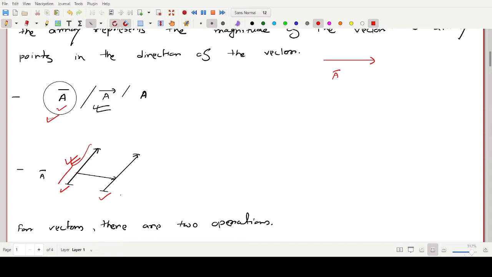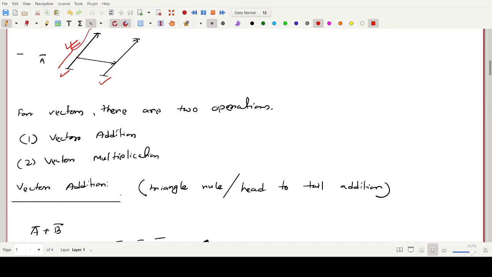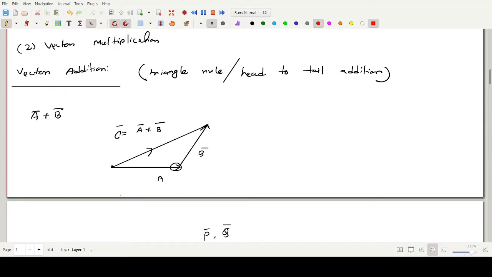Now for vectors there are two operations: number one, vector addition, and number two, vector multiplication. Vector addition is defined by the triangle rule or head to tail addition. What is the procedure? Say we have been asked to find a plus b.